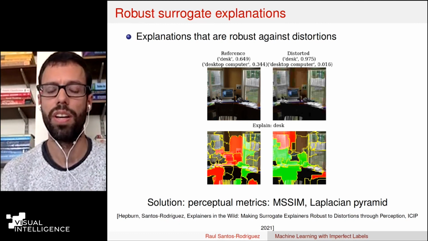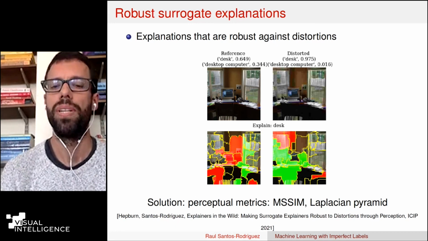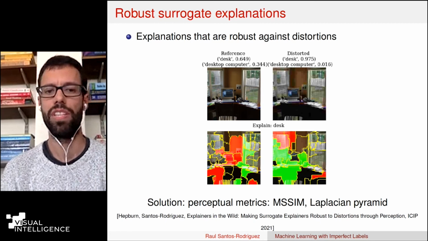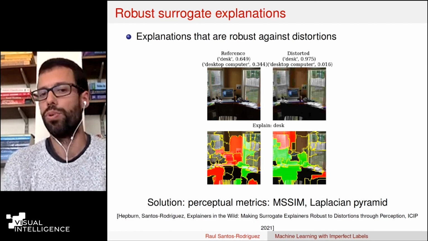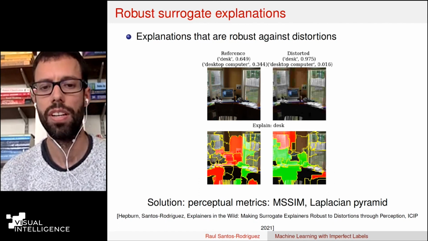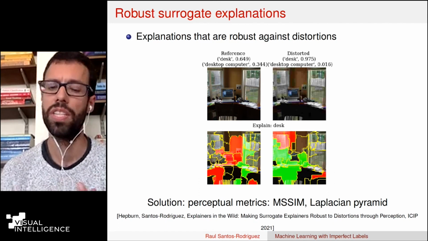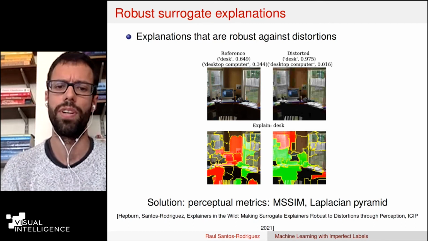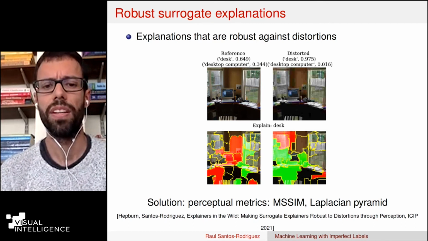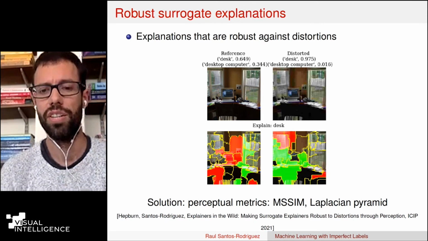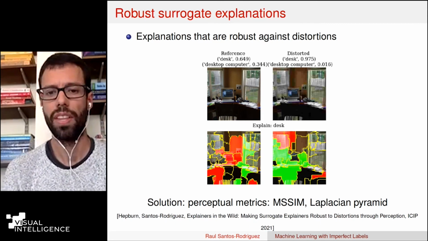And we've been exploring recently what happens if, for instance, images from CIFAR 10, you add a small distortion in the form of noise, and you put them through the same black box. Of course, the black box hasn't been trained to deal with noise, but you would expect that if the noise is small, so that for a human it's not an issue, the explanation of why, in this case, that was a desk, should remain the same.